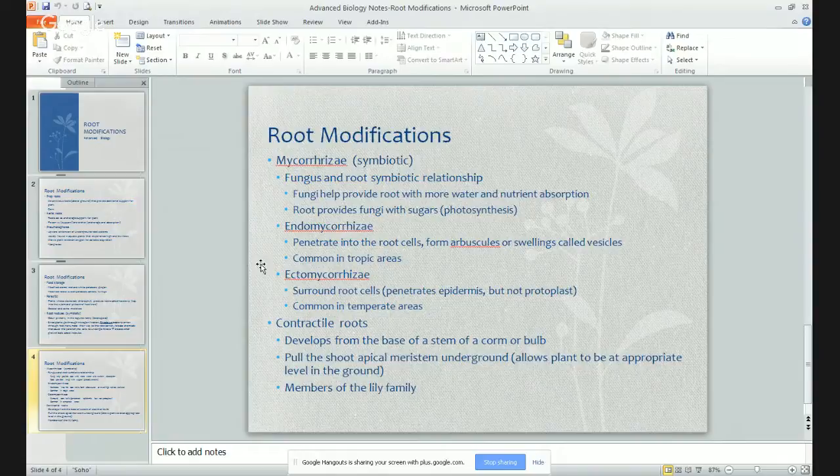So contractile roots are going to develop from the bottom of your stem, or it could be the base of that stem, of either a bulb or corm. Remember, those are stem modifications.